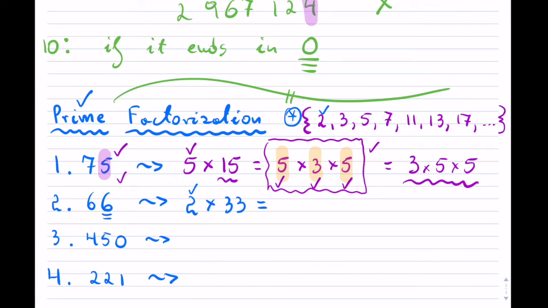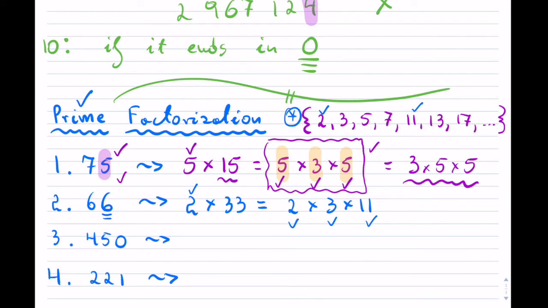However, notice that 33 is divisible by 3, which means I can now break down this original 66 into 2 times 3 times 11. 11 is a prime, so I cannot break this down any further, which means I have now created the prime factorization of 66.